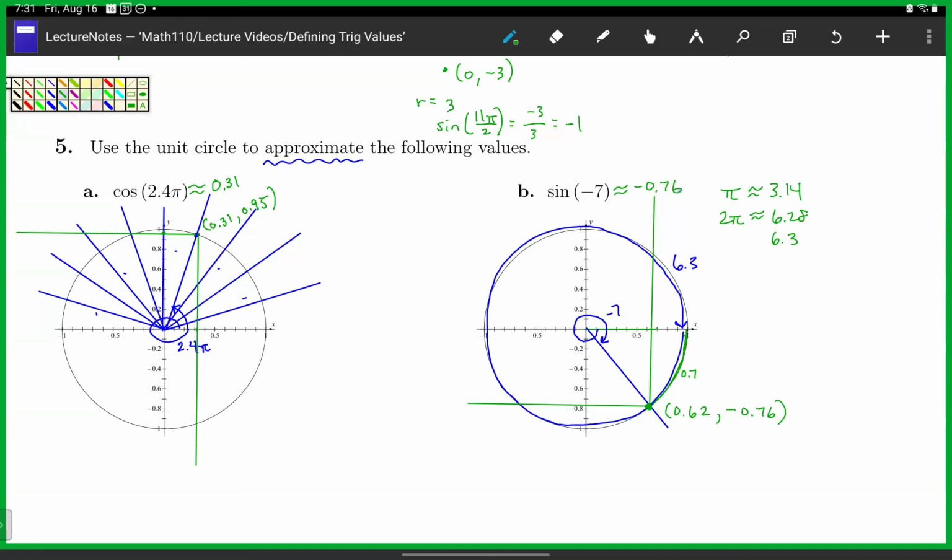But the idea of this is really to get accustomed to the meaning of the radian measure and the meaning of the trig value, so that you know that when you're using the unit circle, cosine is reading off the horizontal component or the x-coordinate, and the sine is reading off the vertical component or the y-coordinate.